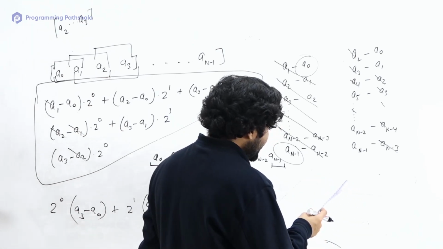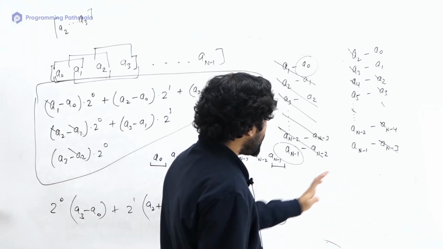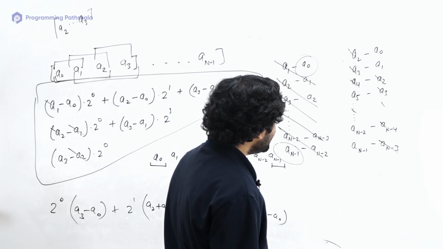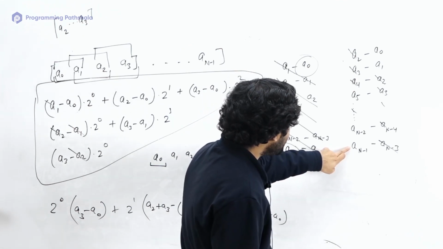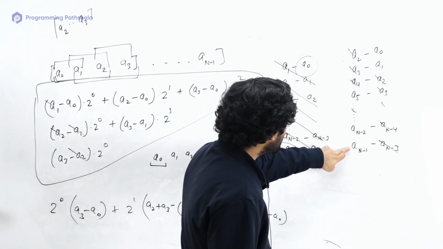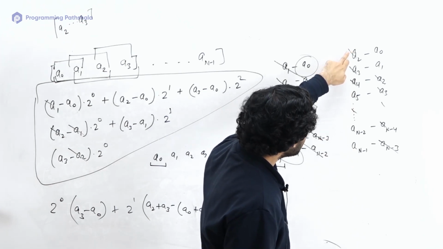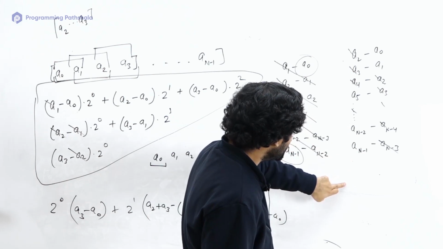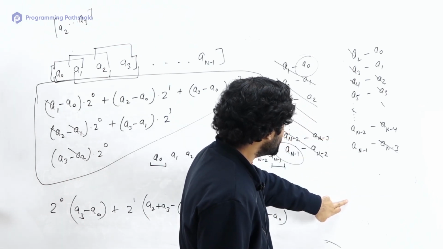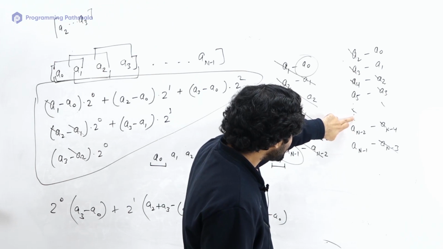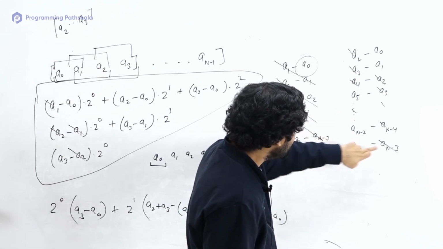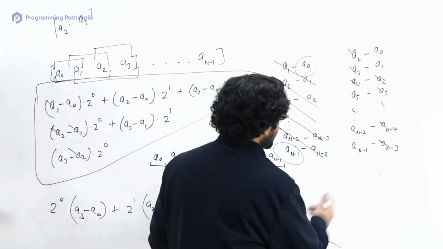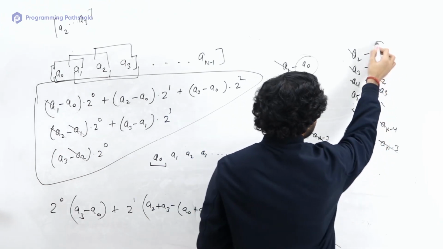But what are the terms that you think will not be gone? It is guaranteed that a(n-1) will not be gone, because for this to cancel, something has to lie 2 units below, and for this there is nothing 2 units below, and for this also there is nothing 2 units below. But for this a(n-3), 2 units below, this thing was there. So what you will be ending up with will be this and this.